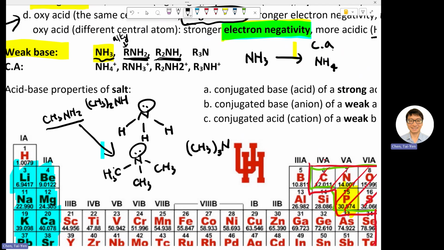How about the charge? There you go. That's the answer. NH4 plus will be the conjugate acid of NH3. Okay? Everybody follow the things I just said? Okay. One more try.